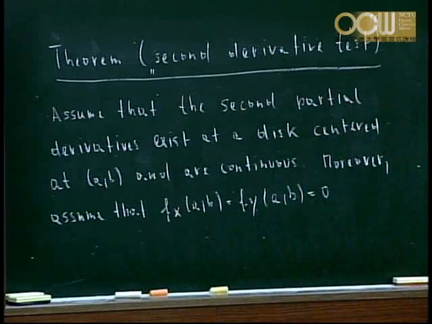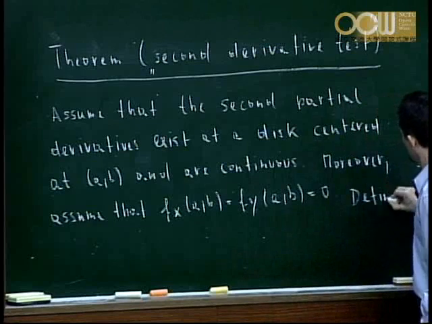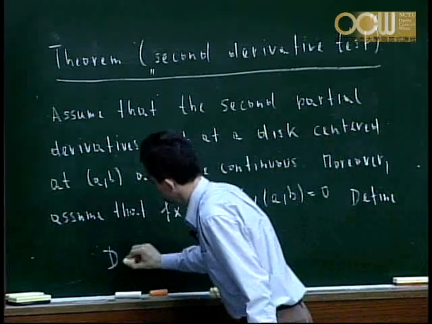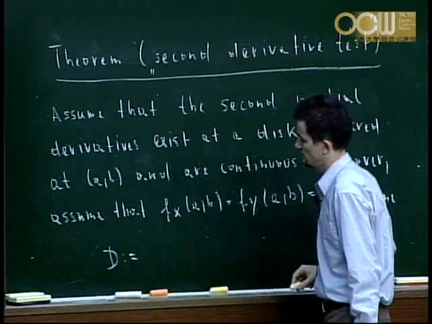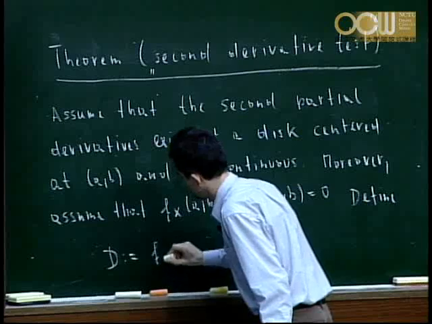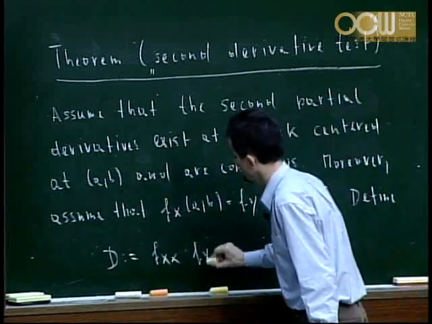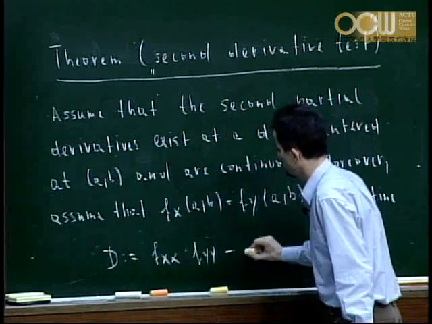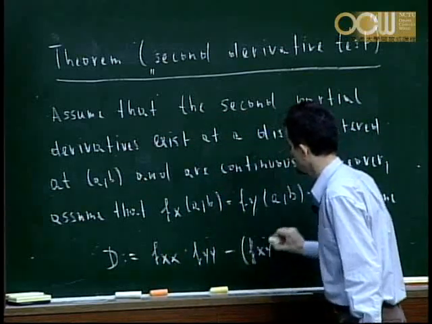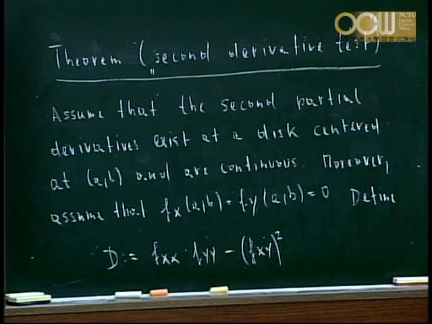Okay, so we have a critical point at (a, b). Then, define what is called D. Now, you just look at the second partial derivative with respect to x times the second partial derivative with respect to y minus the mixed partial derivative squared. This is what you saw today in the in-class homework. So this is called D, the discriminant.